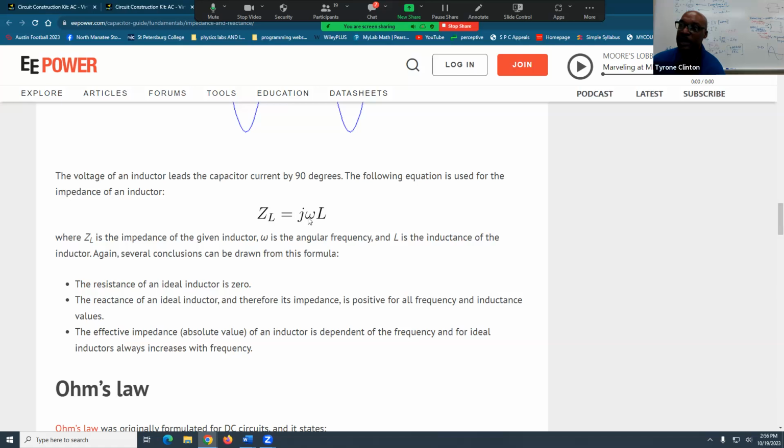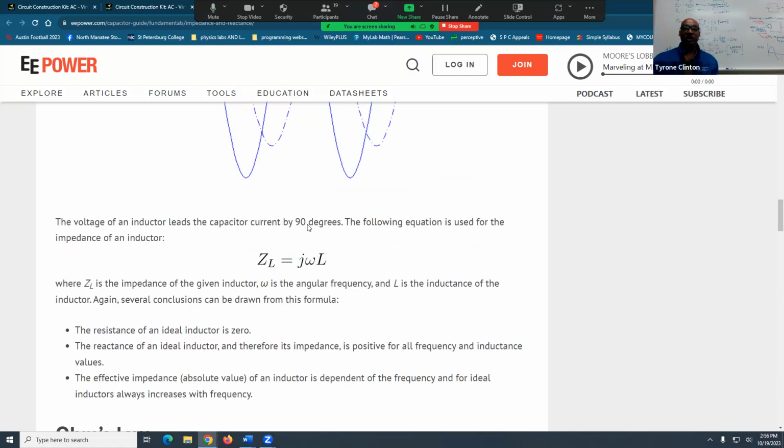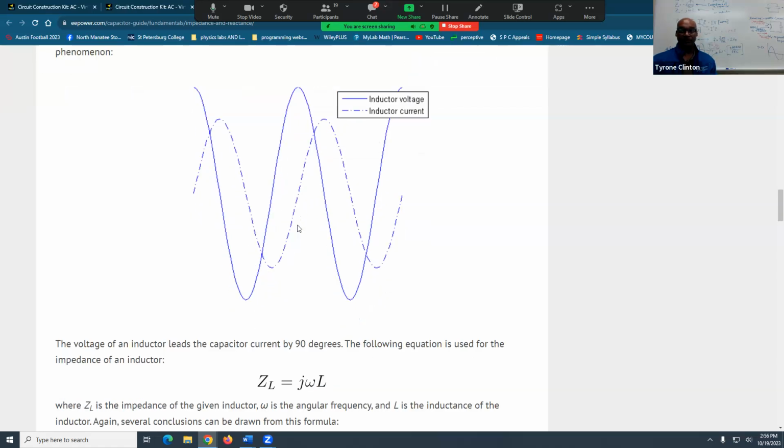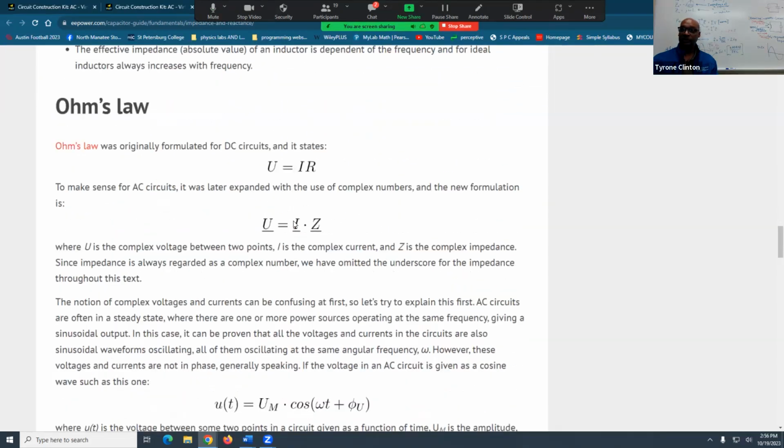So just think of omega as that 2 pi times F multiplied by the inductance. And can that be negative? Yes, that could be negative. Okay. So all of the imaginary parts, like with a J in front of it, can all be negative. They could be positive or negative, but the resistance part is always positive. Always positive. All right, thank you. Yes, ma'am. Yes, sir. Okay.